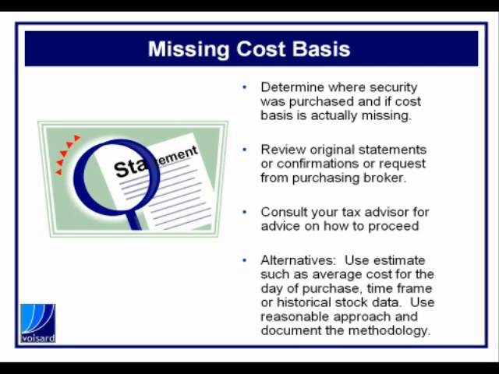Here's what the average price is. As long as you use a reasonable approach and document the methodology in case it's ever questioned, you should be okay in the eyes of the IRS. It just, again, it has to be reasonable and logical. So that's what you do if you can't find the cost basis.